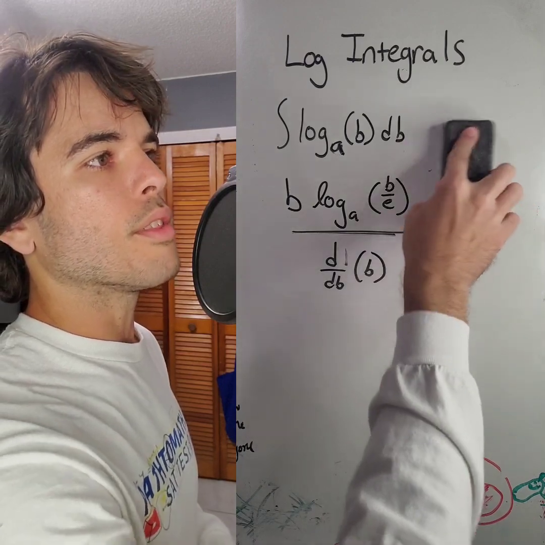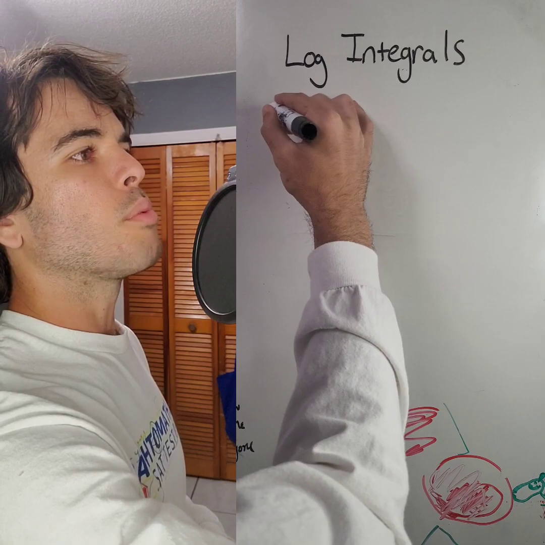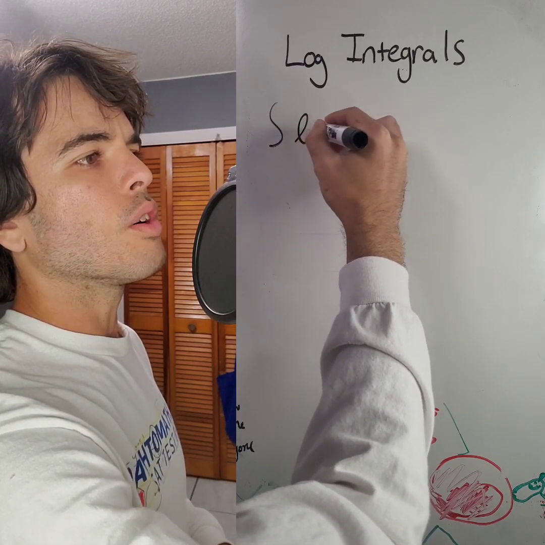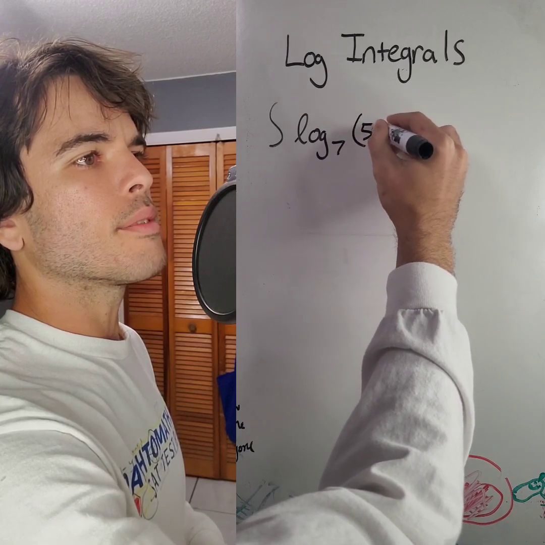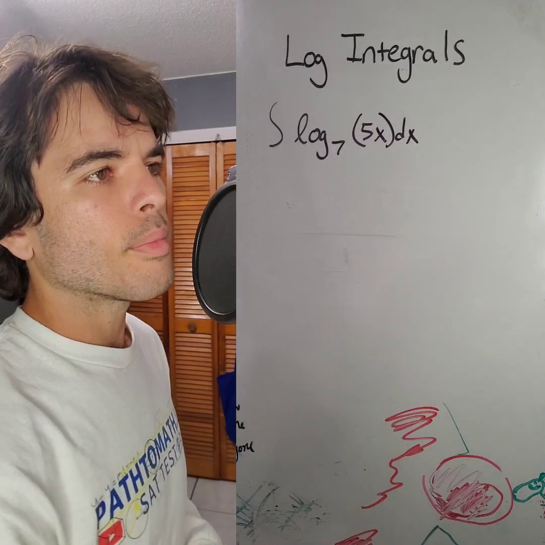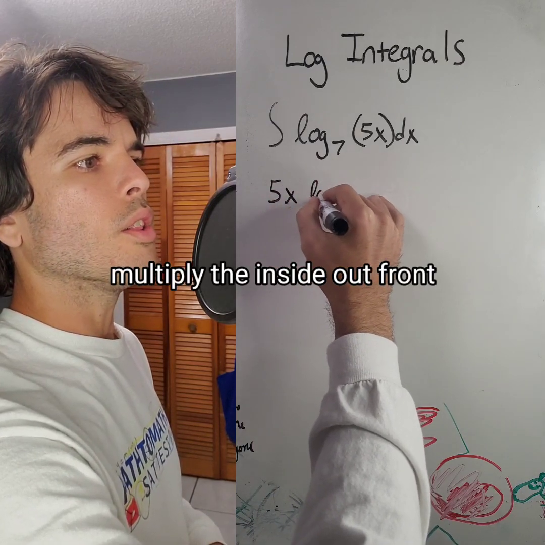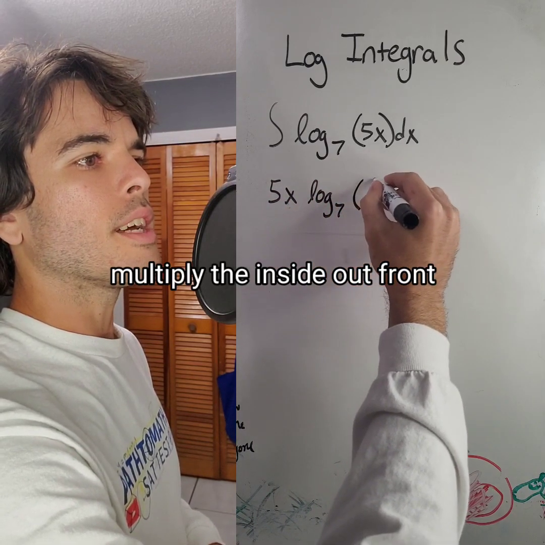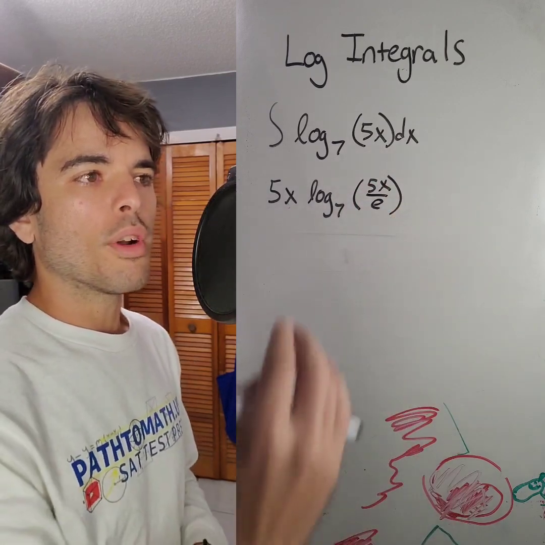Let's do some practice with this formula. Let's practice the integral of log base 7 of 5x dx. The first thing you want to do is take the inside and multiply it out front. So we have 5x log base 7 of 5x over e. Again, we don't want to get rid of the inside.